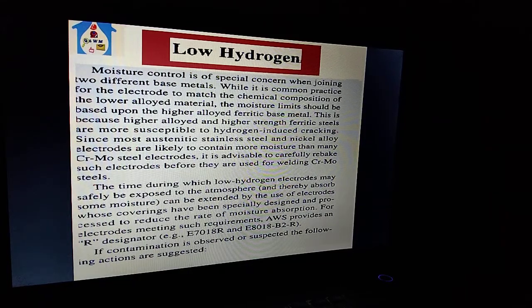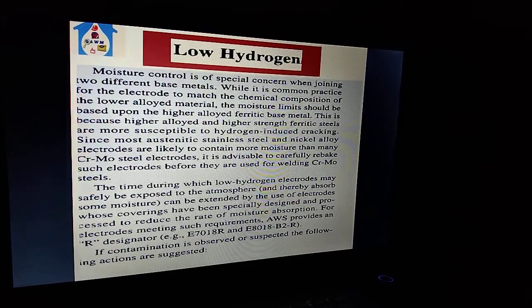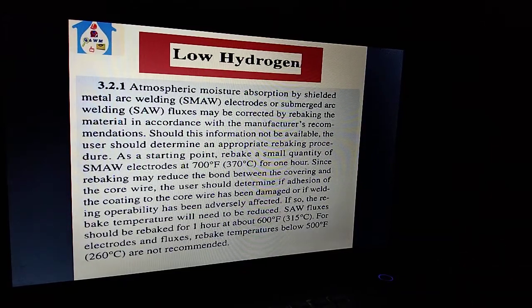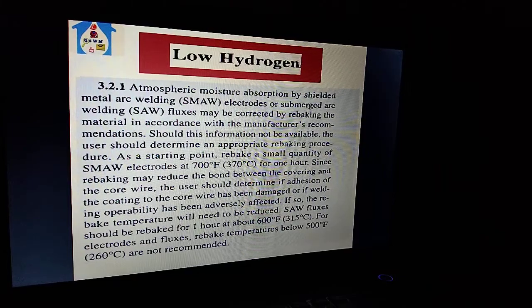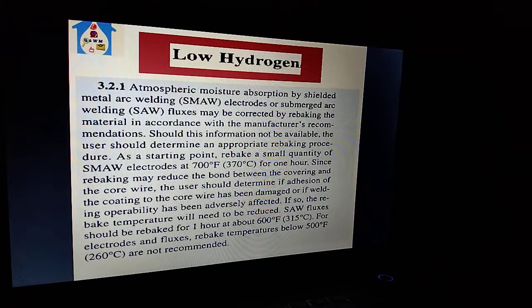If contamination is observed or suspected, the following actions are suggested. Atmospheric moisture absorption by shielded metal arc welding (SMAW) electrodes or submerged arc welding (SAW) flux may be corrected by rebaking the material in accordance with the manufacturer's recommendation.